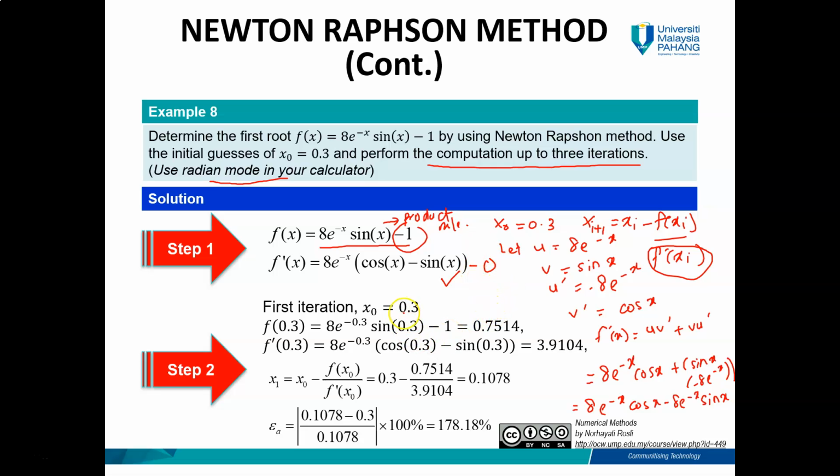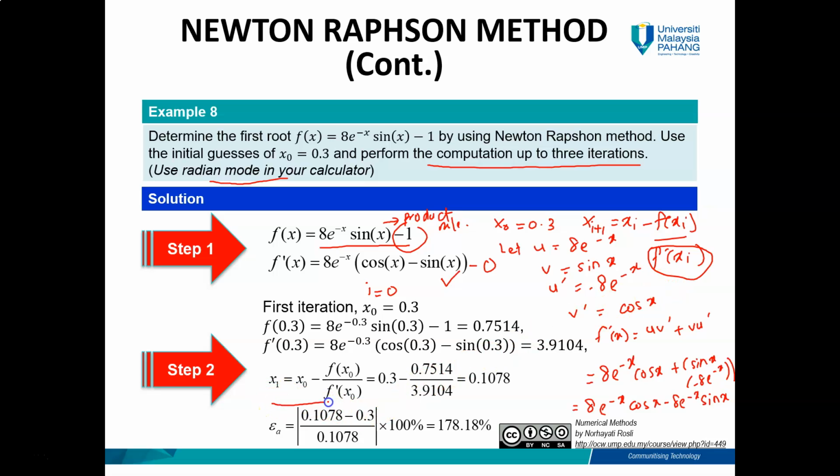For the first iteration, we need to use this formula. In the first iteration, our i equals 0. When i equals 0, we substitute i in this formula, and we will have x1 equal to x naught minus f x naught divided by f prime x naught.